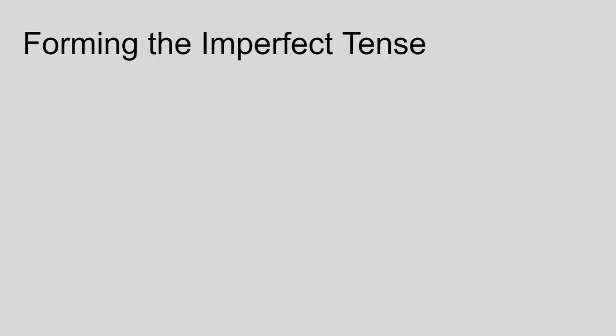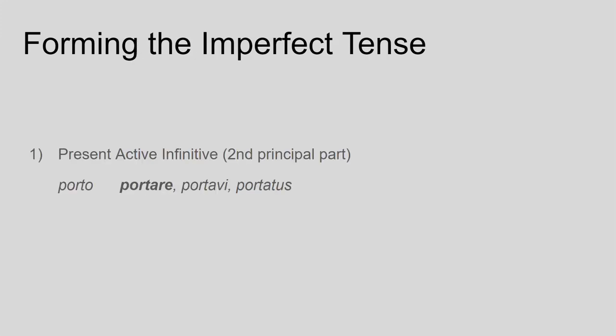It's very easy to recognize the imperfect tense. It's formed using the present tense stem. So you need to find the present infinitive of the verb. This is the second principal part in dictionaries. In this example, porto, portare, portavi, portatus, and I'm looking at portare, which is the infinitive. To make the imperfect tense, I take off the re to get porta.